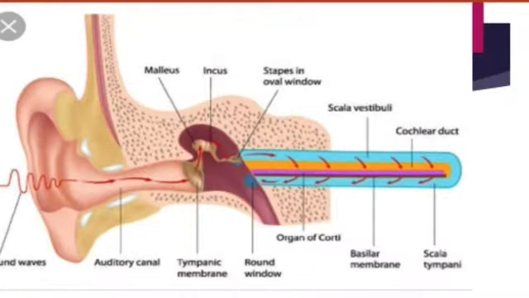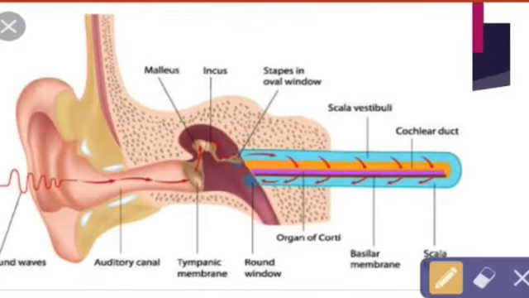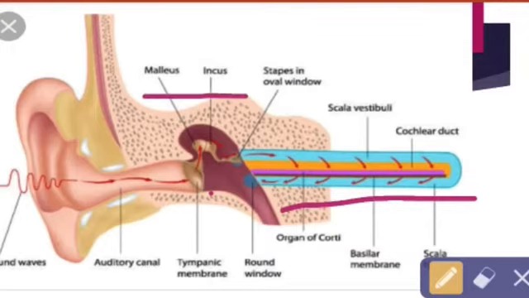You can see here that the cochlear region is flattened, and then you can see the proper structure. When sound waves reach the tympanic membrane, they are amplified by the ossicles, that is malleus, incus, and stapes, and then vibrate the oval window. From the oval window it will vibrate the upper layer of the cochlear region, which is called the scala vestibuli.